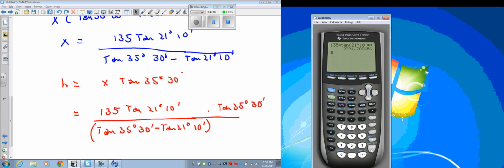So I entered something wrong. Did you enter this stuff right here in your calculator? I guess I could go back and see whether I entered it right.